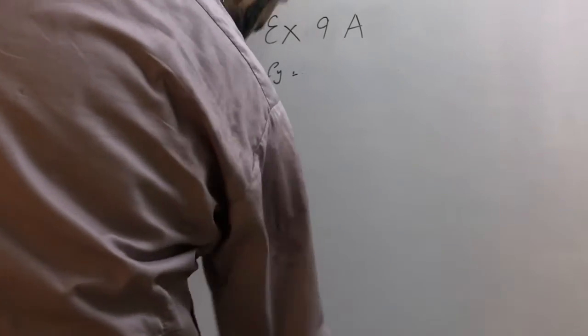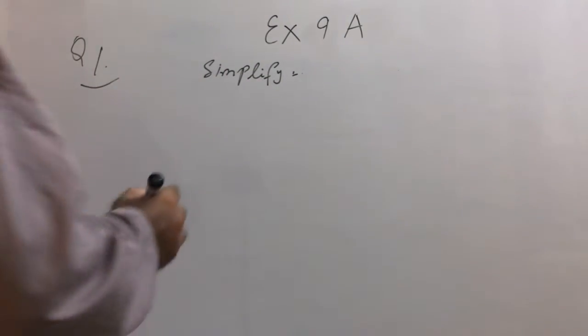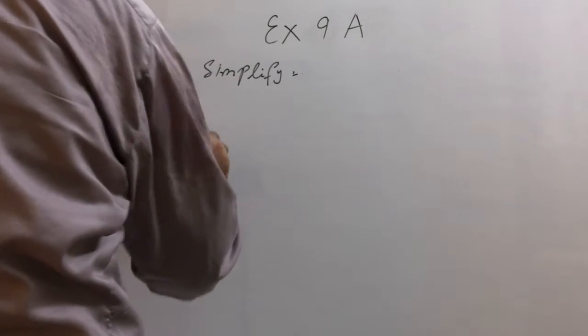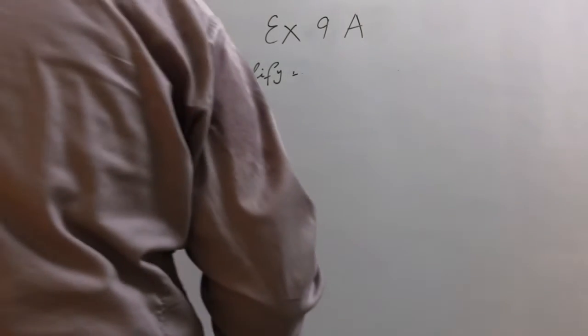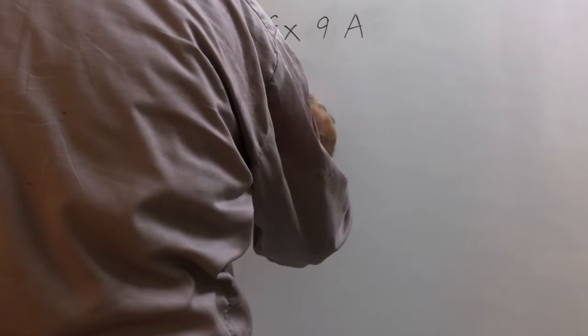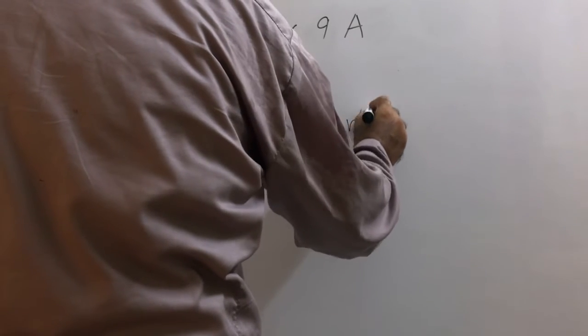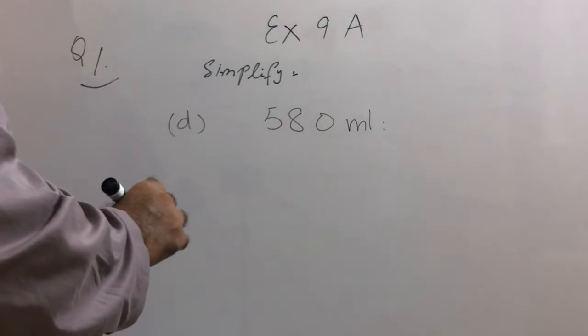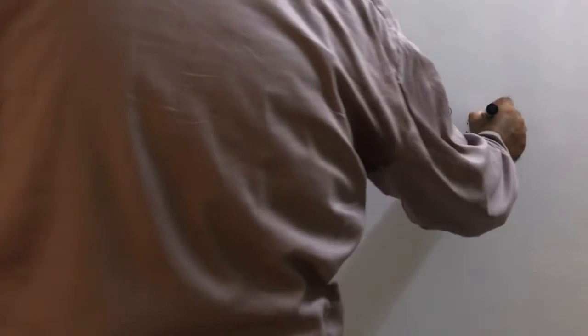Now we will be doing part D. Part D is 580 ml ratio 1.12 liter ratio 104 ml.